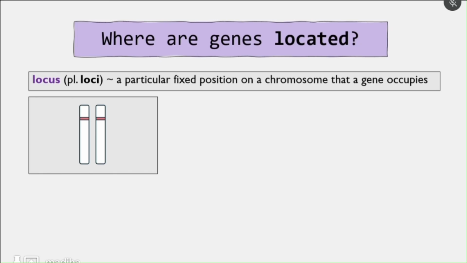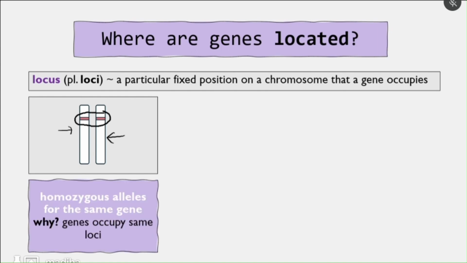It looks a bit weird, but this is one chromosome, this is another chromosome. And here I've drawn this red thing, which is essentially a gene. There's a gene on both chromosomes and they're in the exact same place. So this is telling us that these are homozygous alleles for the same gene. Homozygous means they're the same thing, so the same alleles for the same gene.